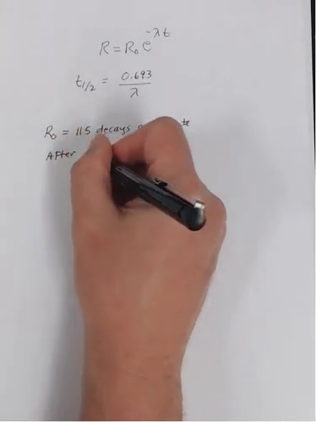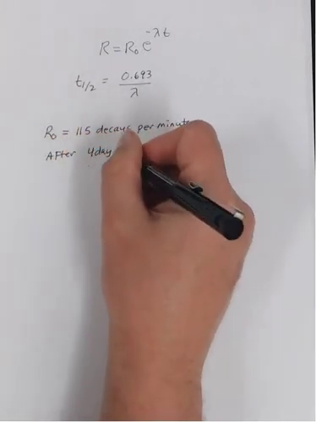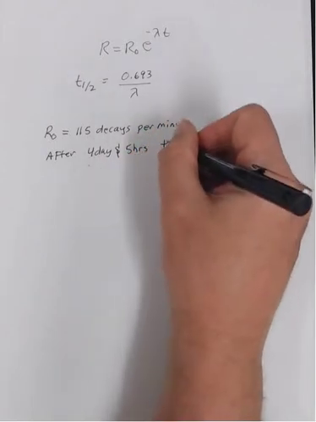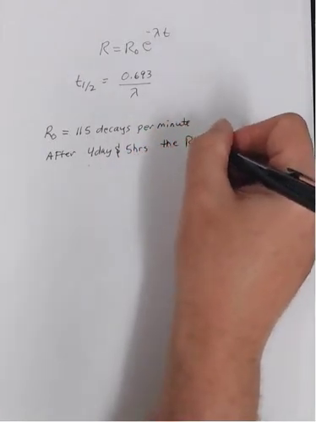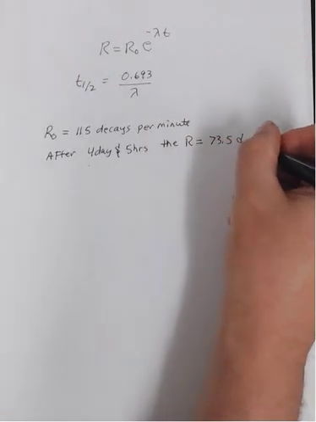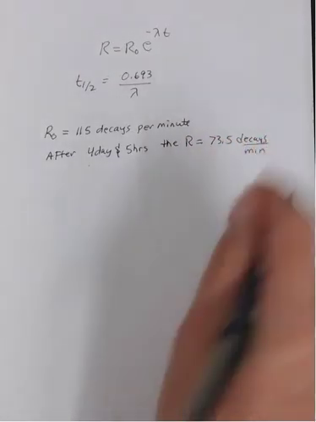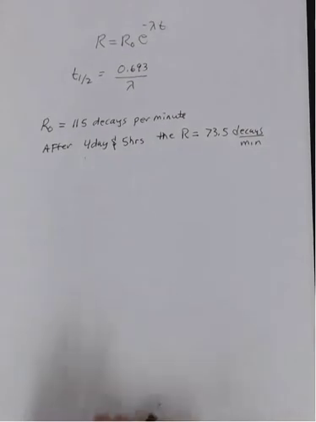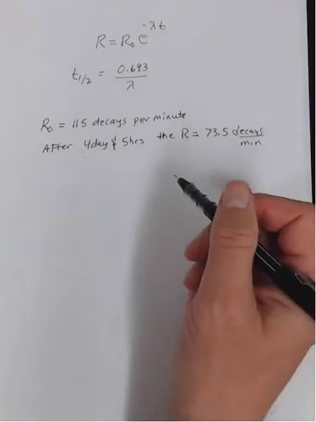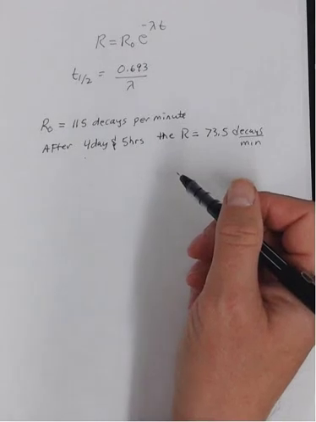After 4 days and 5 hours, the rate is equal to 73.5 decays per minute. So the question is, what is the half-life?